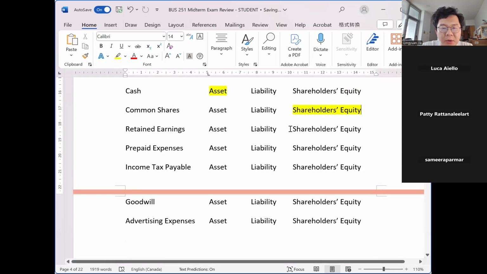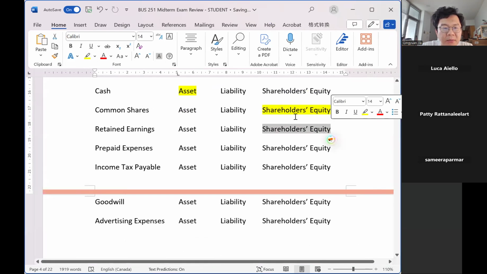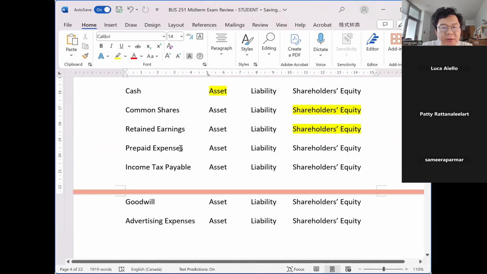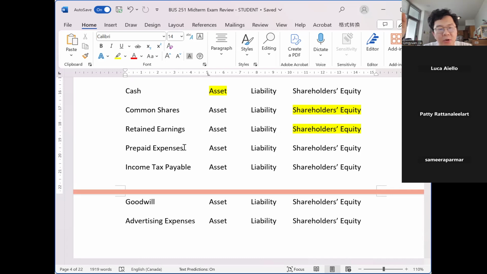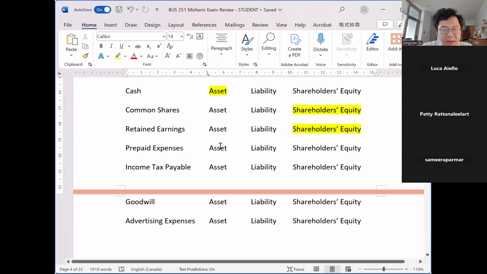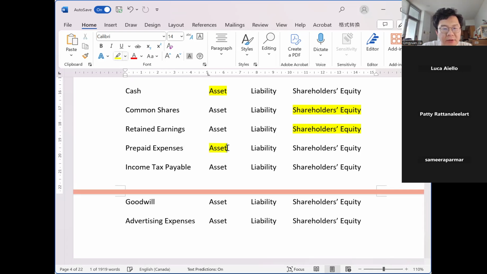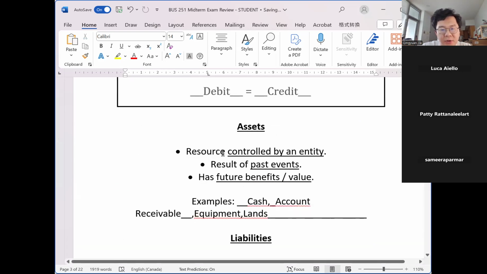And retained earnings will be shareholders' equity. And prepaid expenses. When you say expenses, it's usually an expense, but prepaid expenses are something that you paid in advance, and you haven't enjoyed the service yet. So it's an asset, because according to the definition of assets, it is a resource controlled by you, since you paid for it in advance already, and it has future benefit value.